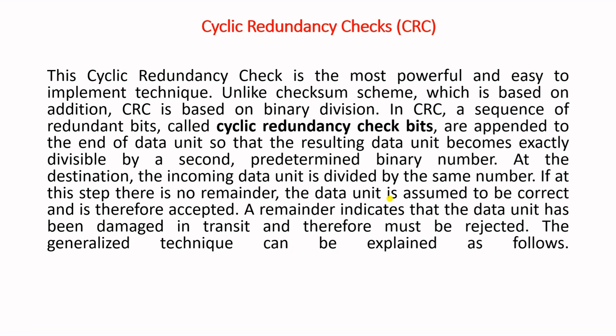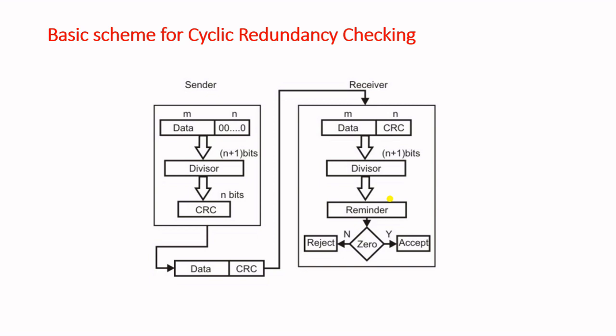A remainder indicates that the data unit has been damaged in transit or during transmission and therefore must be rejected. The generalized technique is explained in the next slide. This is the generalized technique for the cyclic redundancy checking.